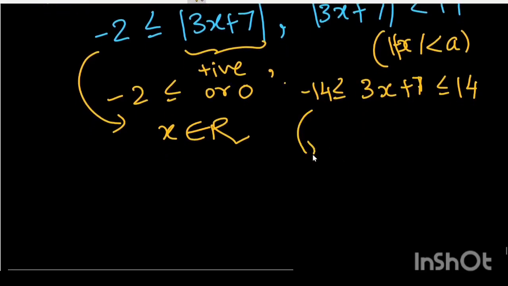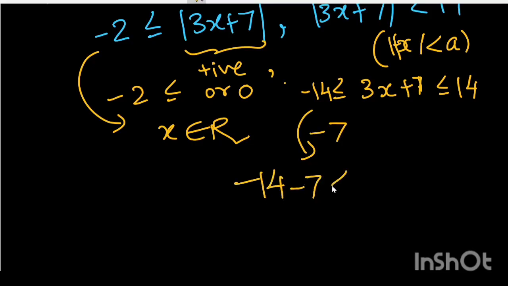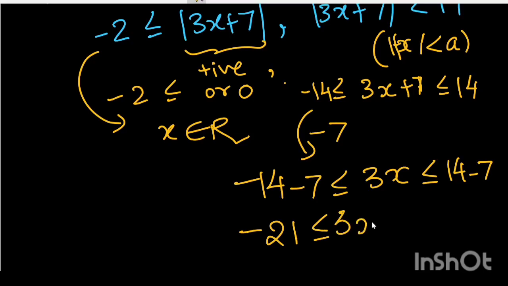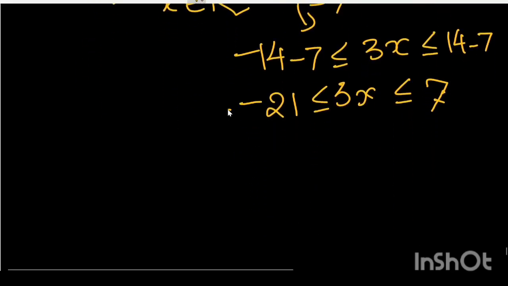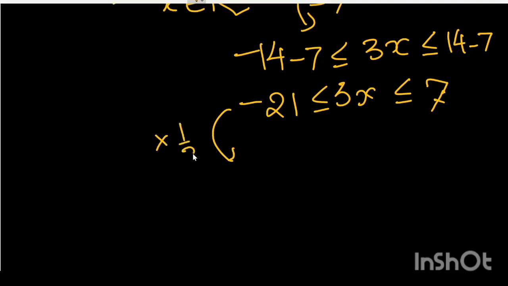So adding minus 7: 3x plus 7 minus 7 cancels out, minus 14 minus 7 is minus 21, so 3x, and 14 minus 7 is 7. So multiplying by 1 by 3, it is minus 7 to x to 7 by 3.